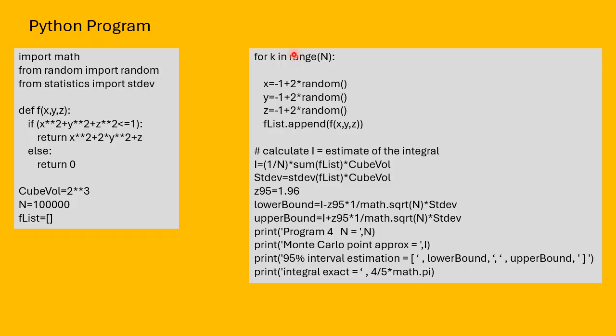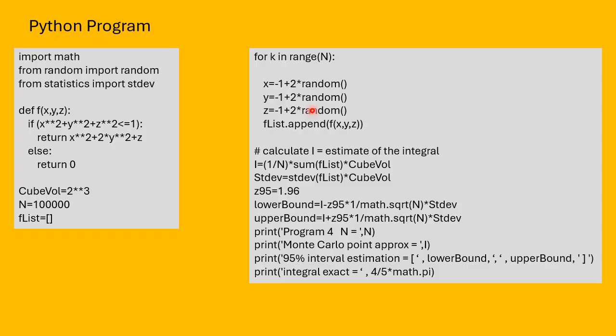So here's how we choose and store those random function values. For k in the range of n, 100,000, x will be minus 1 plus 2 times random, y will be minus 1 plus 2 times random, z will be minus 1 plus 2 times random. So we're calling the random number generator 3 times here in these 3 assignment statements.